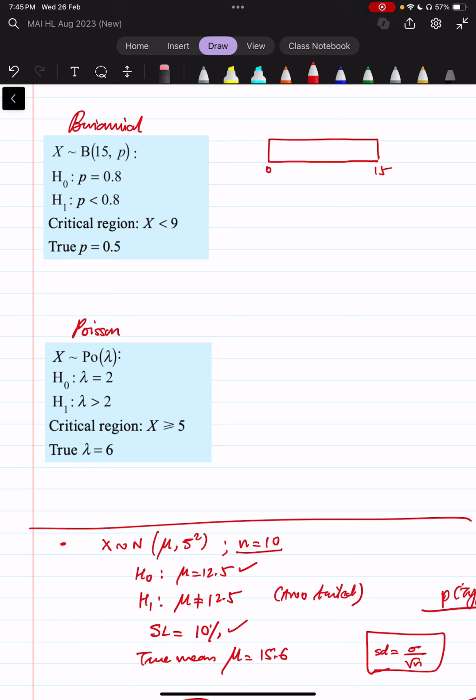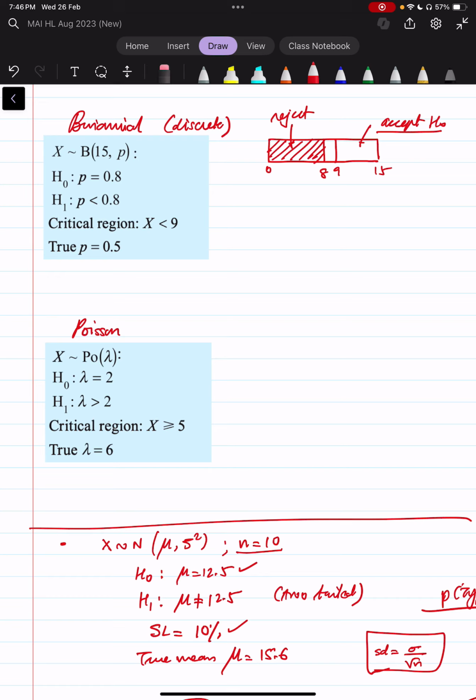Your critical region is x is less than 9. So less than 9 means 8 and below is your critical region. So acceptance will be 9 and above. So this is the reject. So that's where it will help you. And remember, this is a discrete distribution.